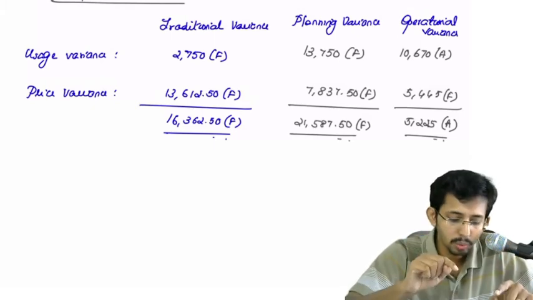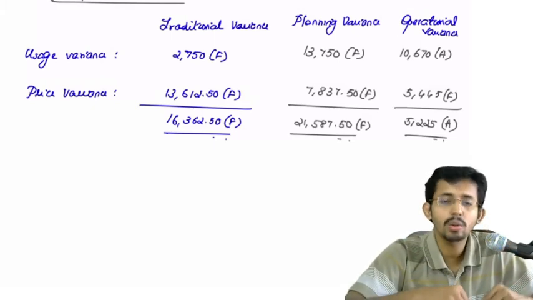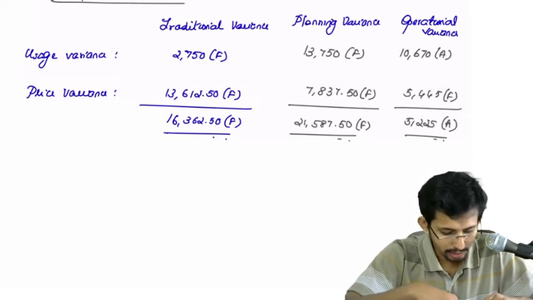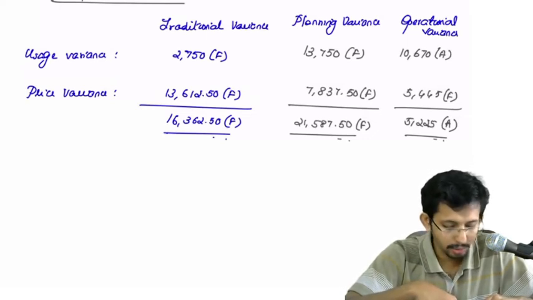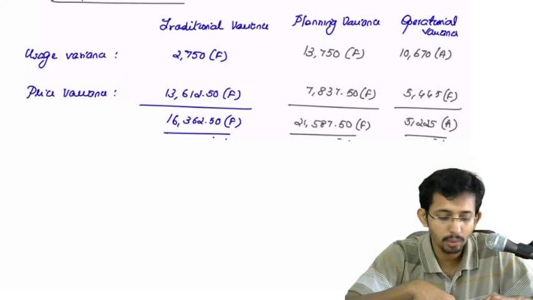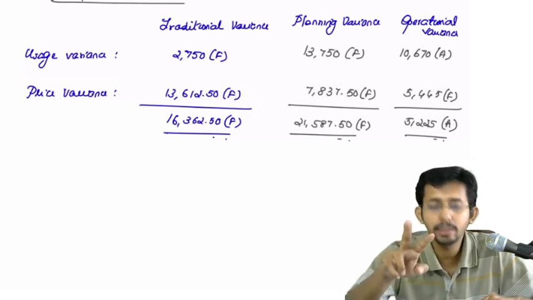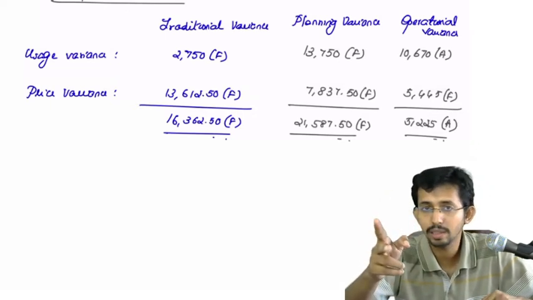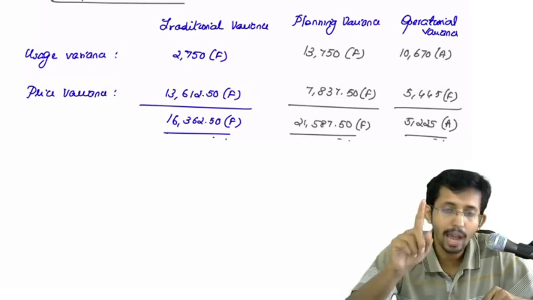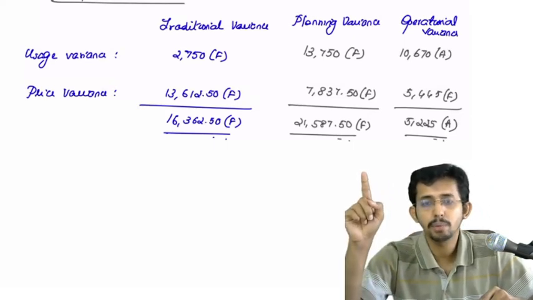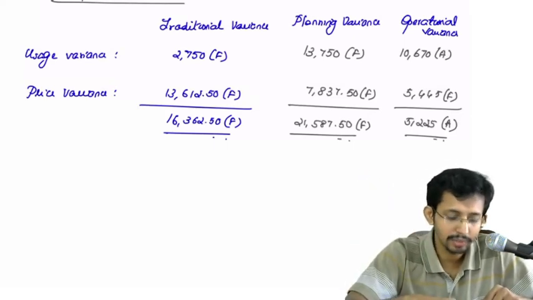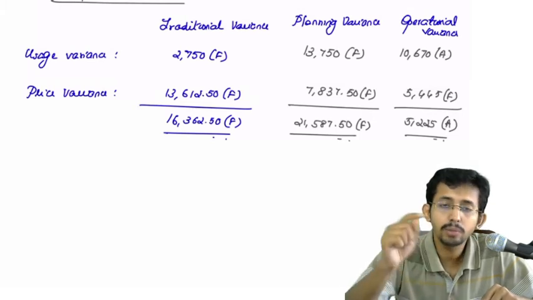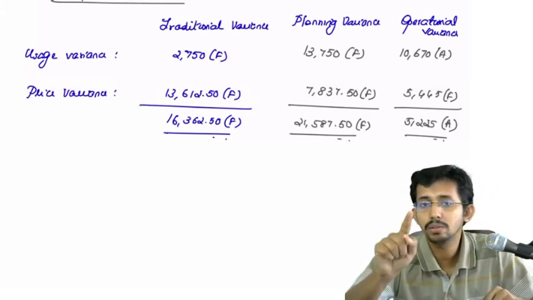But when it comes to the usage or consumption variance, the total usage variance of 2,750 is on account of planning variance as well as operational variance. In terms of planning variance, you have a favorable position to the extent of 13,750, but from the operational part, you have an adverse variance.